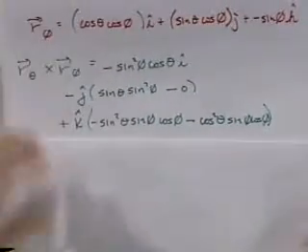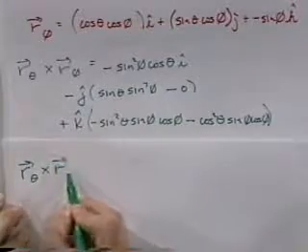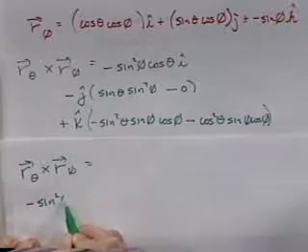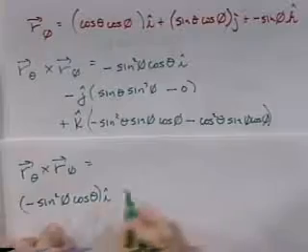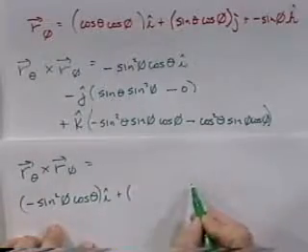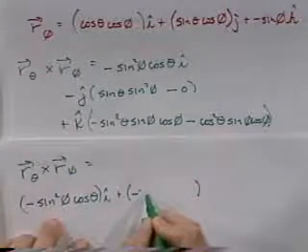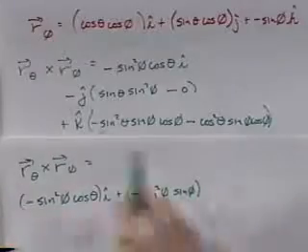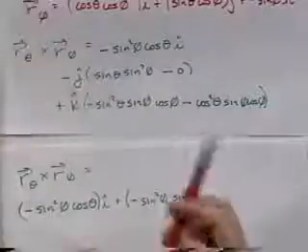So let's see what we have here in terms of r theta cross r phi. I get for my i minus sine squared phi cosine theta times i, plus for my j I get a minus sine squared phi sine theta. Now I could just write the k, but look at the k part for a second.